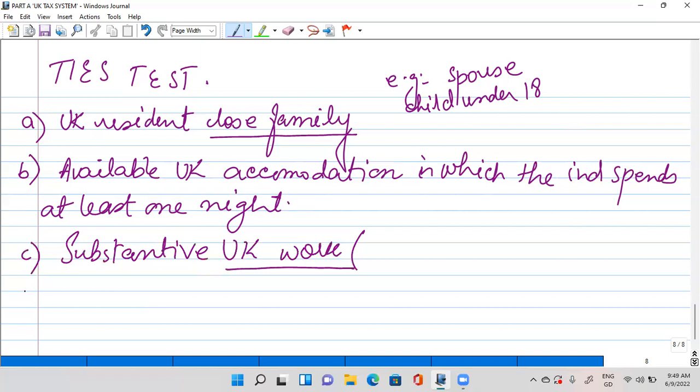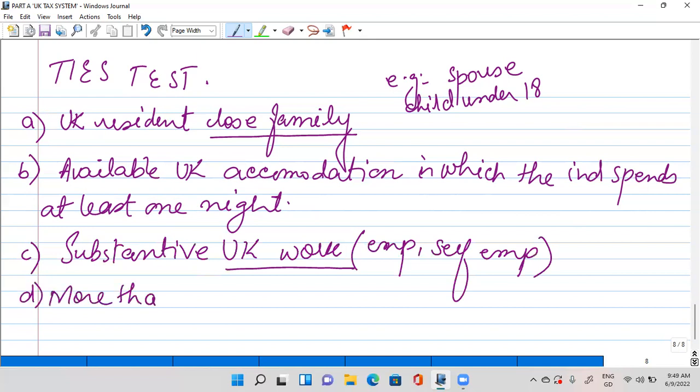Then we have the fourth type, which says that he must spend more than 90 days in the UK, either or both in the previous two tax years.